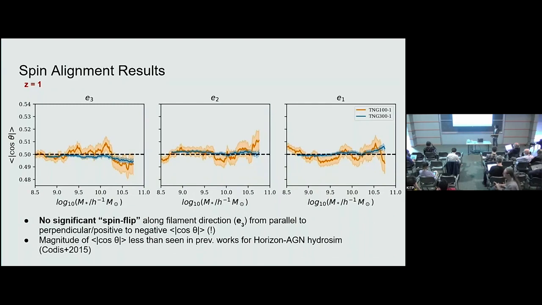So whether or not you can chalk this up to resolution. We think that in the case of disagreement between TNG 300-1 and 100-1, it's probably cosmic variance on 100-1's part, but I'd agree that it would be a good idea to look at different resolutions of the same box length.